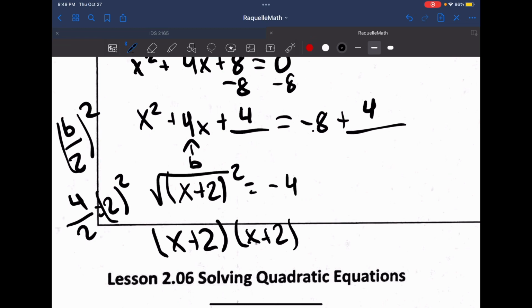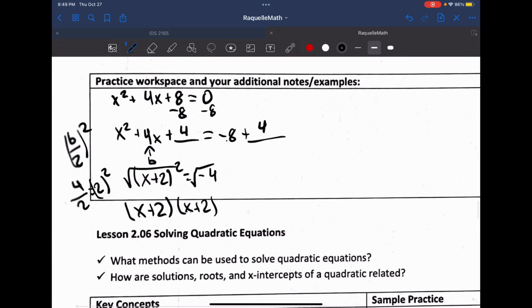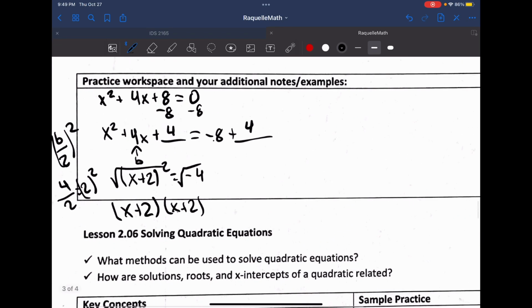So the next step is to square root each side when you solve by completing the square. So then we get x plus 2 equals the square root of -4. And so we know that this can't be good. When we take the square root of 4, it would be 2, but since there's a negative, we can't just do that.